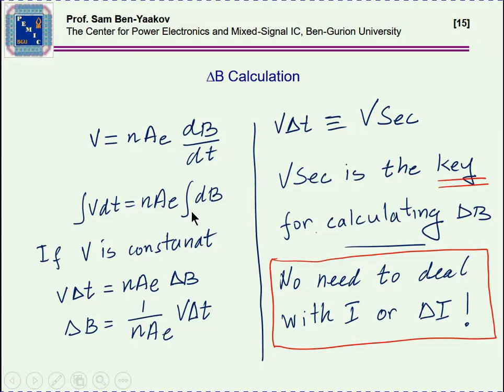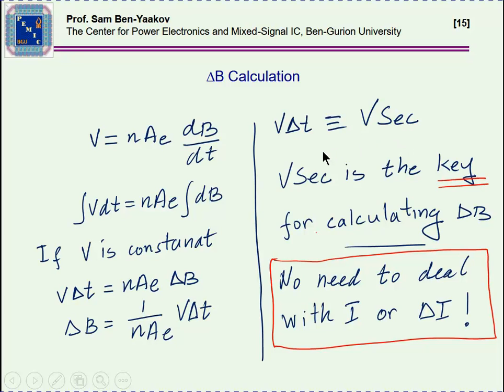We take the integral, and since in the application of PWM power converters V is constant during each part of the cycle, we can assume that V is constant, and therefore we get that V delta T is N Ae delta B, or that delta B is 1 over N Ae, the cross-section area of the core, times V delta T. Now I'll define this product V delta T as volt-second.